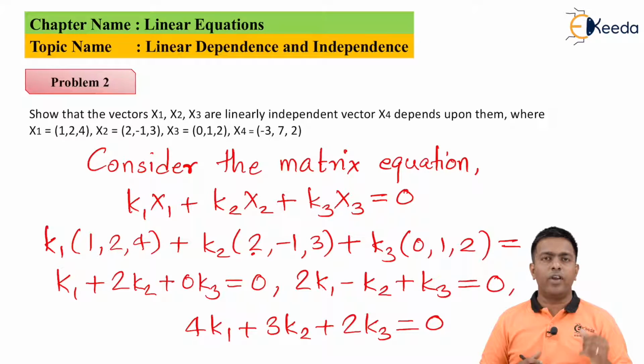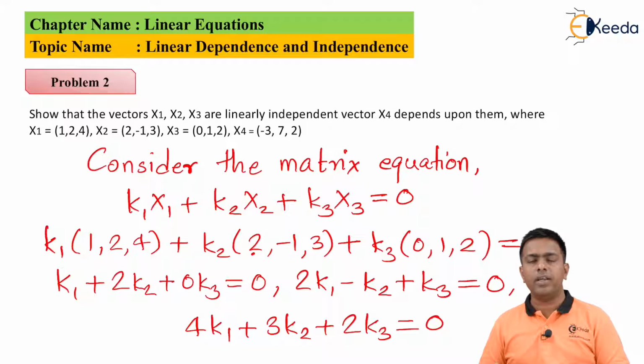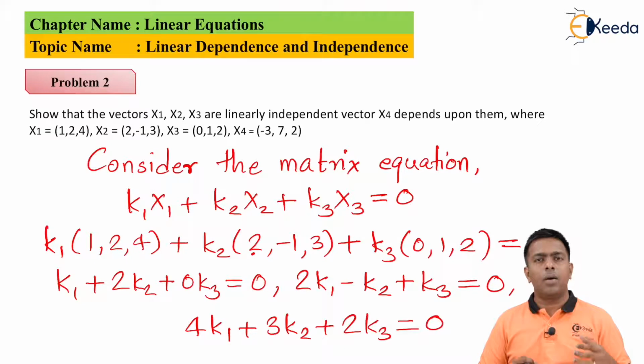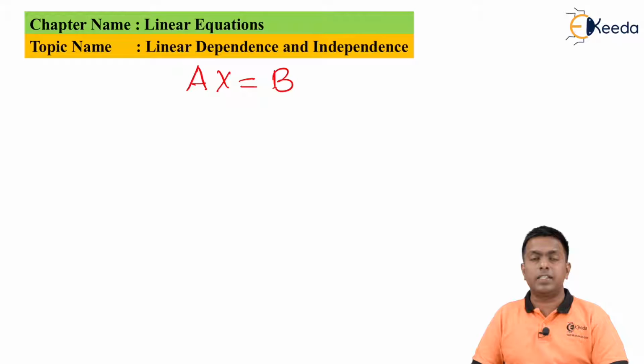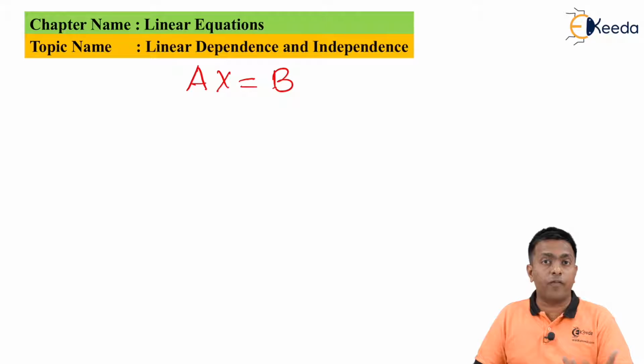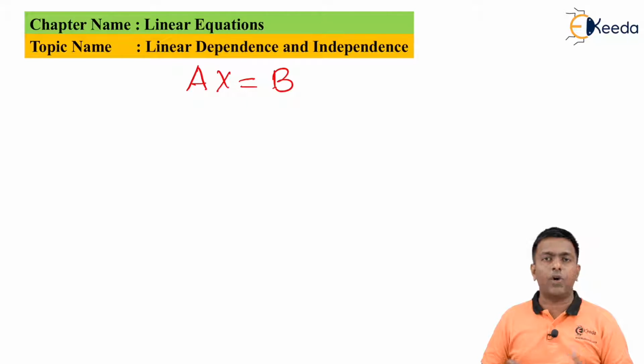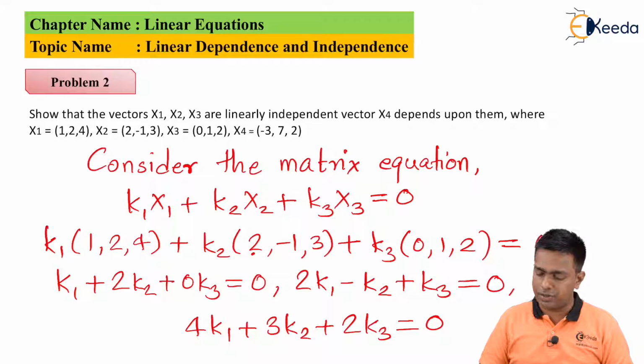Now guys, we'll convert these three equations in the matrix form. So in the matrix form, we have a form as Ax equal to B, where A is a matrix of coefficients, X is a matrix of variables and B is a matrix of constants. So to get the matrix of coefficients, we'll write down all the coefficients of the equation.